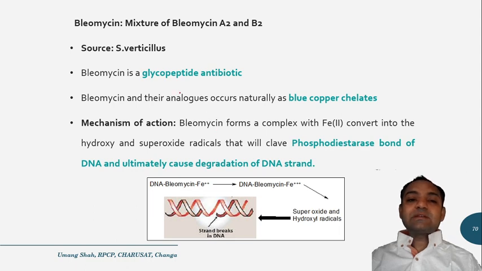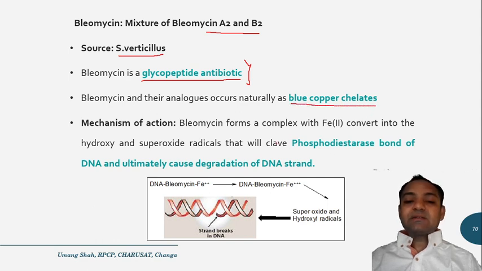Next is bleomycin. Bleomycin is available as a mixture of A2 and B2. It is obtained from Streptomyces verticillus, and is called a glycopeptide antibiotic. Very important for various competitive examinations. In exam questions like which of the following is a glycopeptide antibiotic, and basically it naturally occurs in a blue copper chelate form.